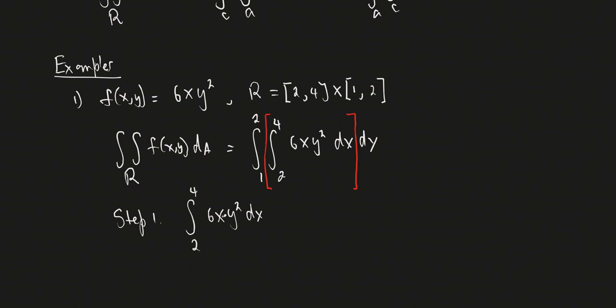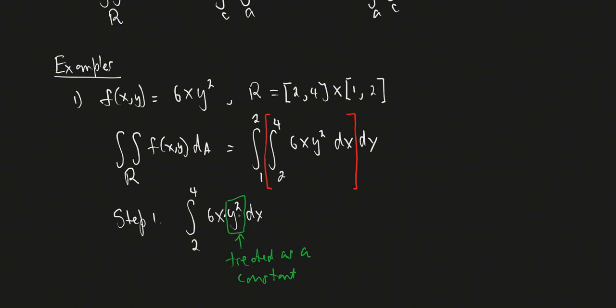And when you're integrating, if you have a constant term, so I'm going to highlight this and say this is, for this iterated integral, or technically we could call it a partial integral, we get to treat this as a constant.